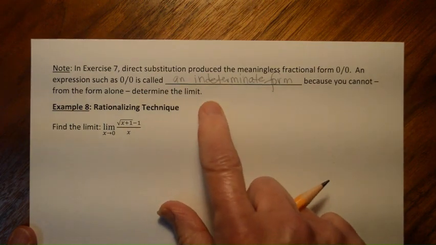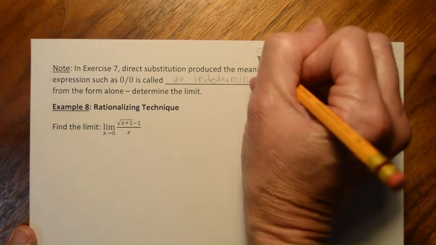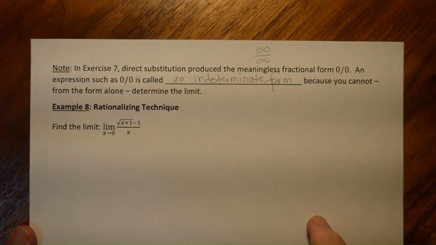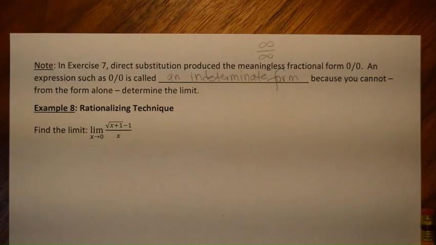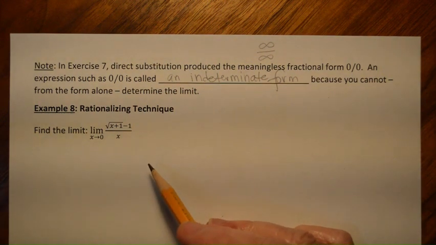So we will find other indeterminate forms. Infinity over infinity is another one, but for right now, we're just going to look at 0 over 0. As I mentioned, there are going to be several techniques to find that g of x.